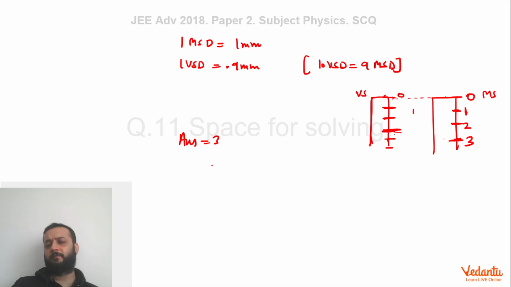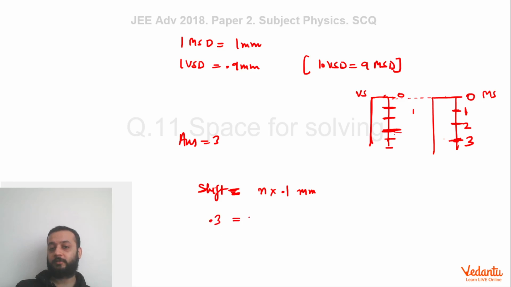So basically we could have simply said, let's say the nth reading coincides, then the shift value, if we do this question formally, will be the reading that coincides into 0.1 mm. Right now the 0th reading is coinciding. If the vernier scale had gone down 0.1 mm, the first reading would coincide; if 0.2 mm, the second reading would coincide; since it has gone down 0.3 mm, the third reading will coincide; if it had gone 0.4 mm down, the fourth reading would coincide. So if the nth reading is coinciding, then n into 0.1 mm equals the shift.